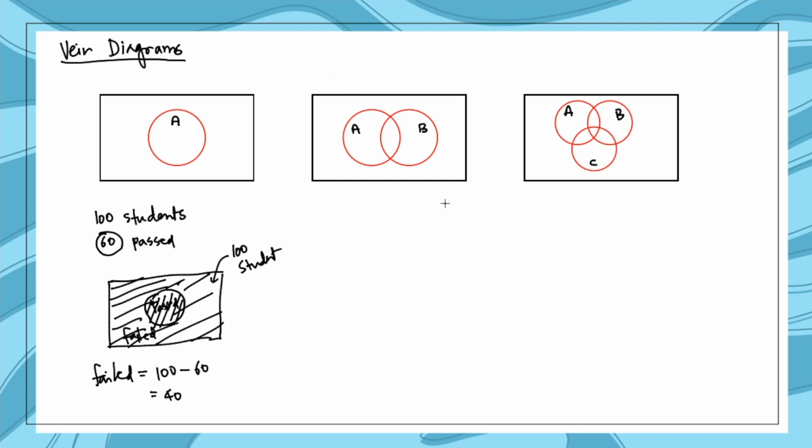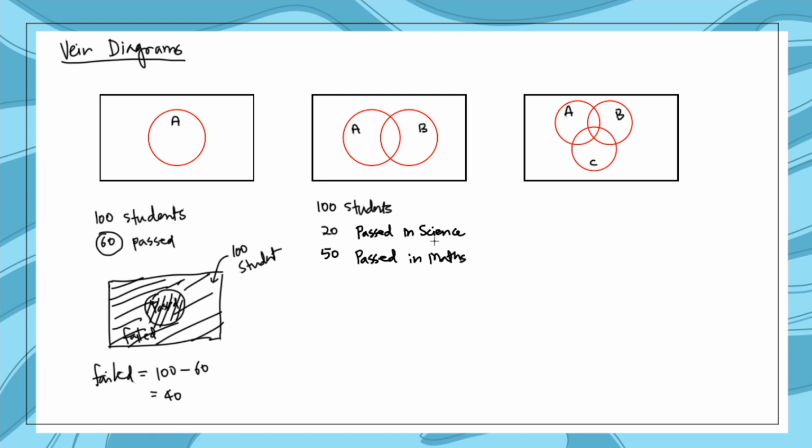Now let's say I want to use this Venn diagram. For this I should have a different scenario. So let's say again I have 100 students. Out of those 100 students, let's say 20 are the students who passed in science, and there are 50 who passed in maths.